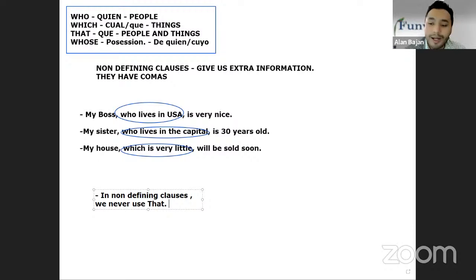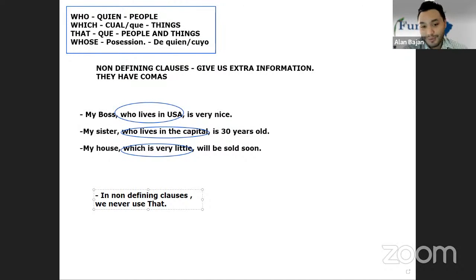So help me with one example, each of you, and write it in the chat with non-defining clauses. My English teacher, whose name I will not say, needs a woman to marry. Excellent example.